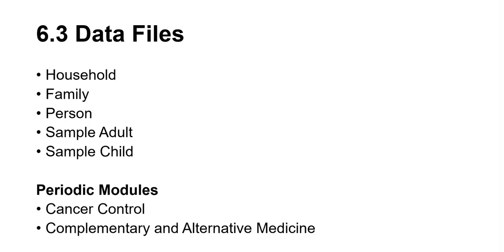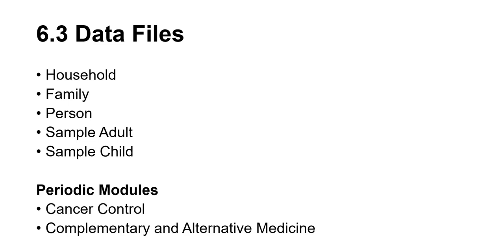Section 6.3, data files. So the core data files that are collected are the household, family, person, sample adult, and sample child. There are also periodic modules such as the cancer control module that is collected every 5 years, and the complementary and alternative medicine module.